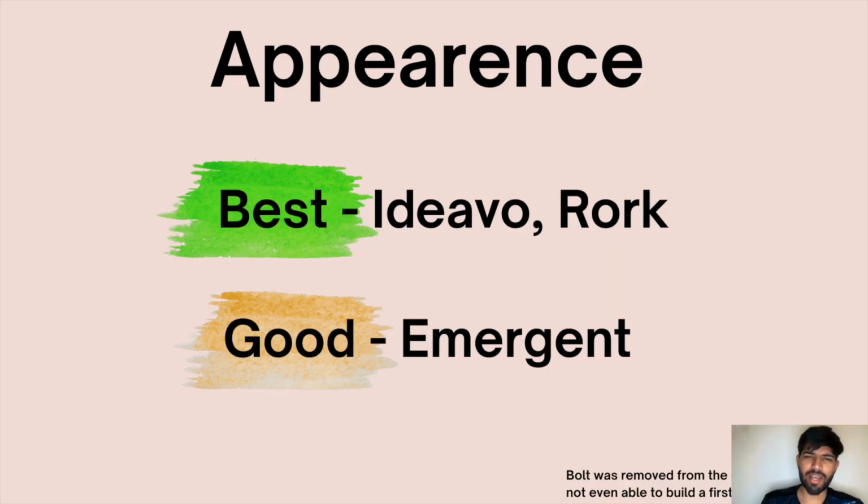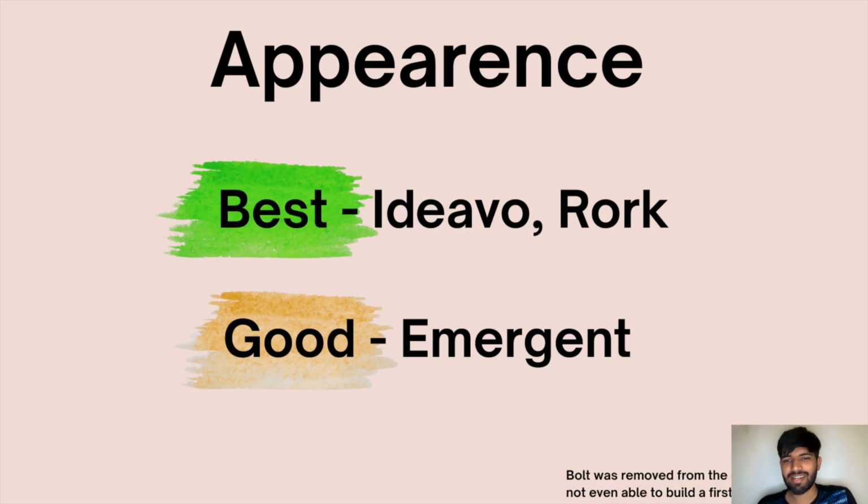So in the following video, we compared all the models basis overall pricing and appearance. Let's start with appearance. Starting with the appearance, the UI and visual quality of Ideavo and Rork perform at a very similar level. Rork had few UI misalignments while Ideavo showed some elements at a larger than required size. These minor issues basically balanced each other out and both the platforms were on the same level in terms of appearance, to be honest.